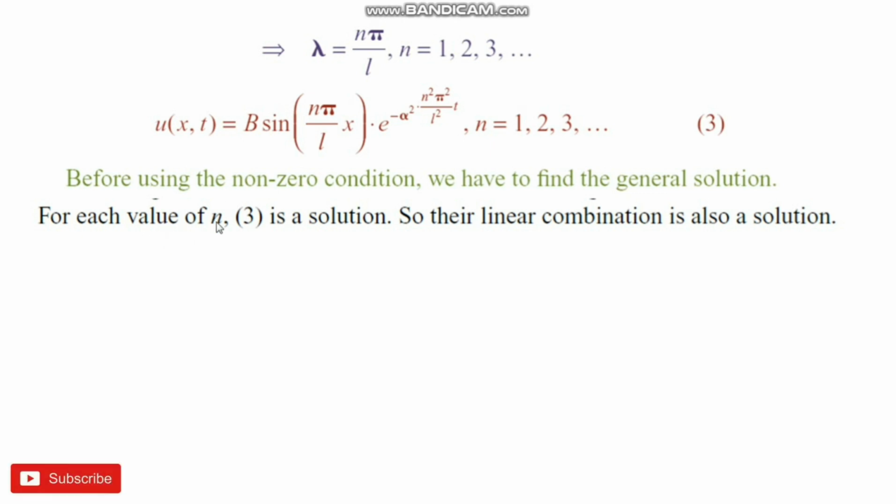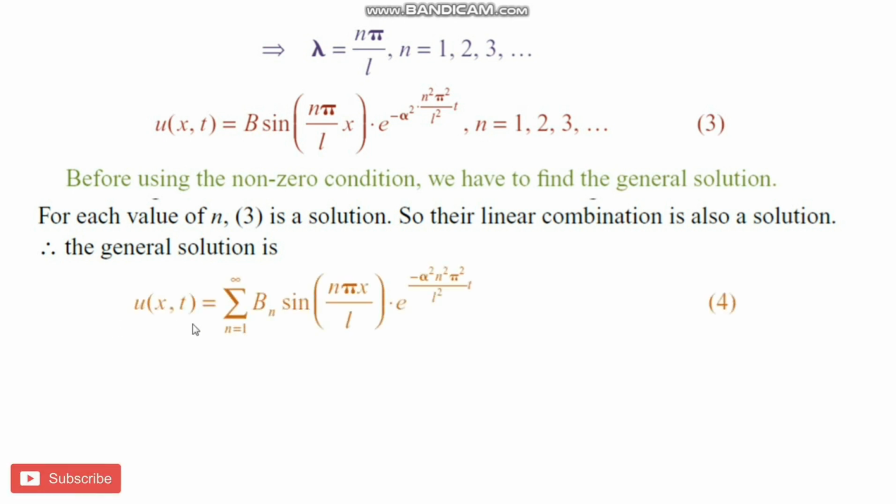For each value of n, this equation number 3 is a solution. Therefore, their linear combination is also a solution to the one-dimensional heat equation. Therefore, the general solution is u(x,t) equals the summation n varying from 1 to infinity of Bn sin(nπx/L) e^(-α²n²π²t/L²).